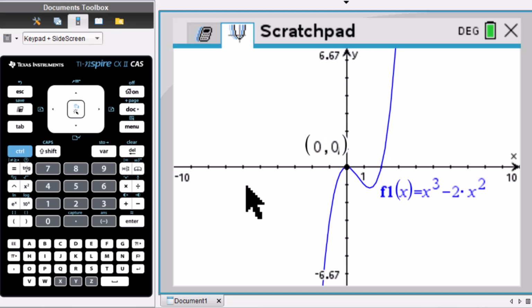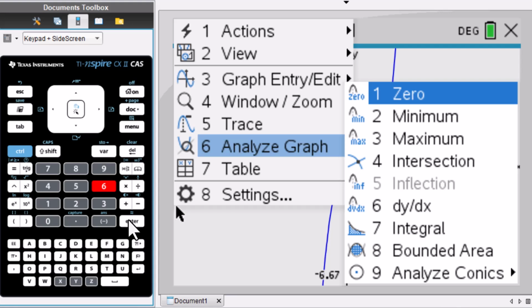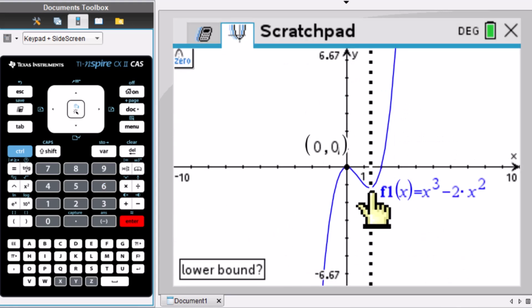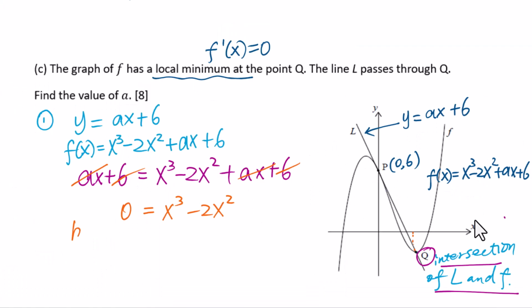We got 0, 0. Menu 6, enter. We got x equals 2. So by graphing, x1 equals 0, x2 equals 2. We need to cross out this x1 based on the information given in this graph.